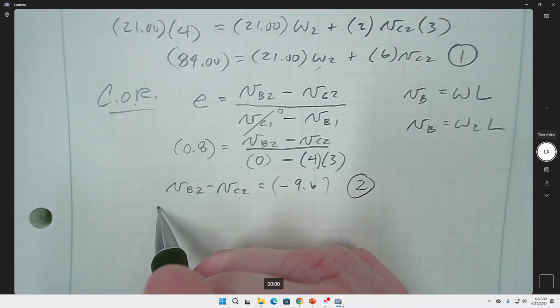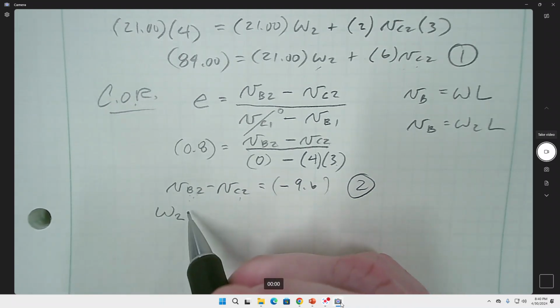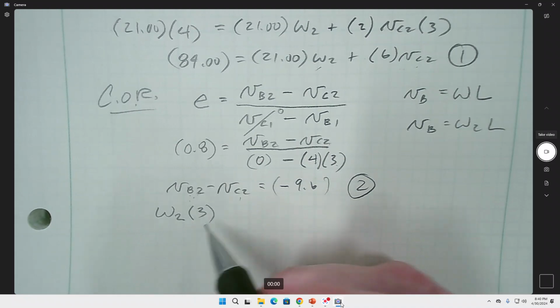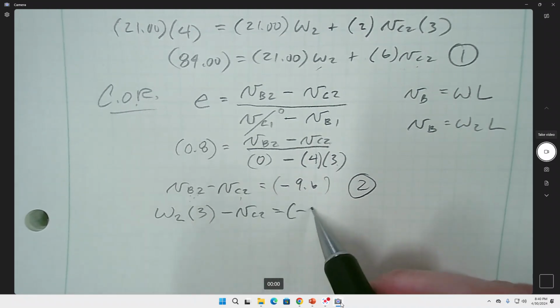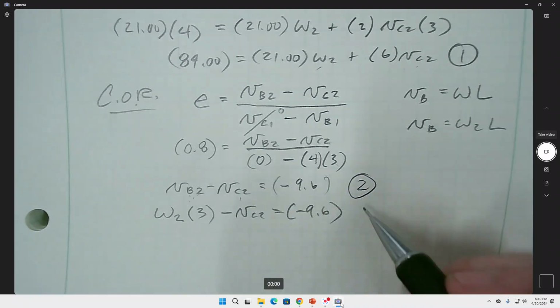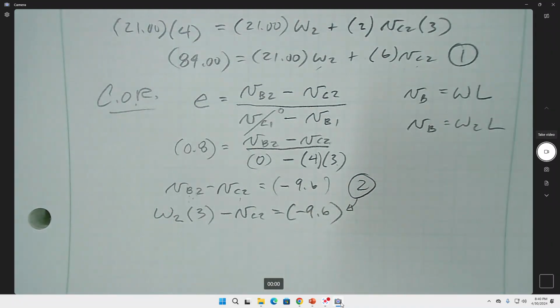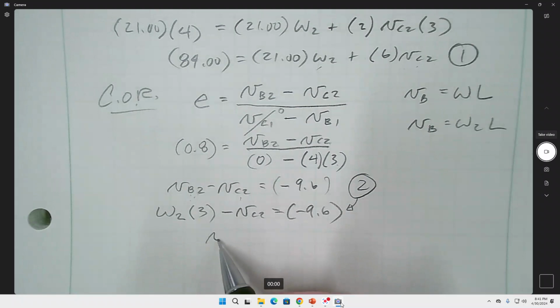And so we could go omega 2 times 3 minus V_C2 equals negative 9.6. So I'm changing my mind. That's V2. So we had 1 and 2 placed together. Let's see, how would I want to do this most easily? Well, I guess it doesn't quite matter. We solve for V_C2, so we can solve for omega 2. I think so. That's easy.